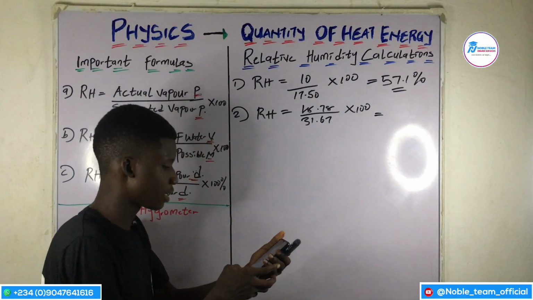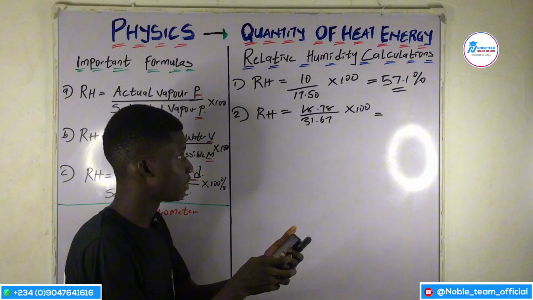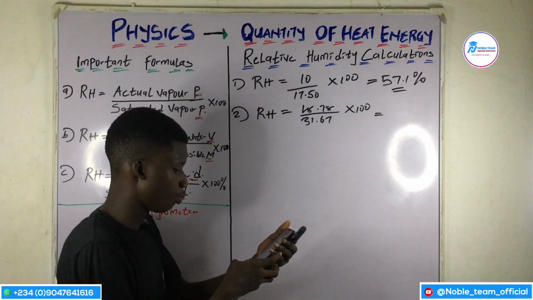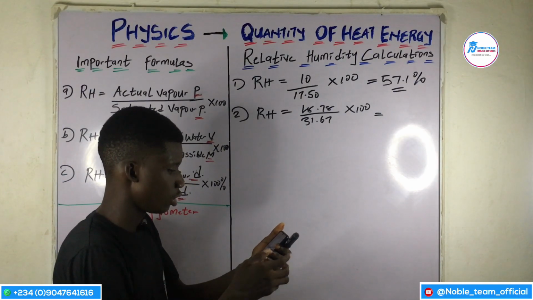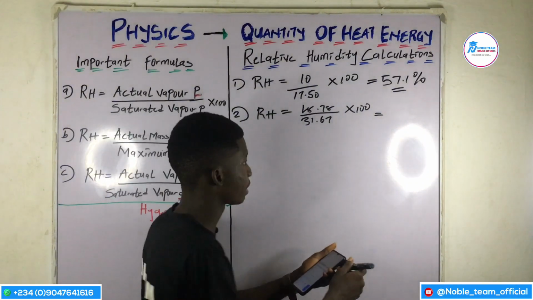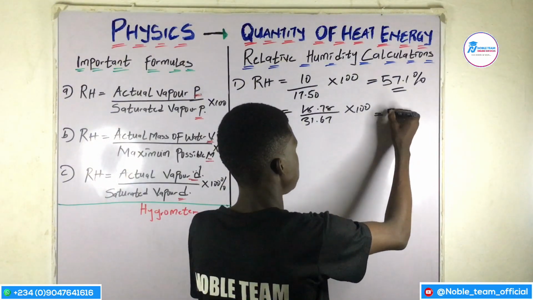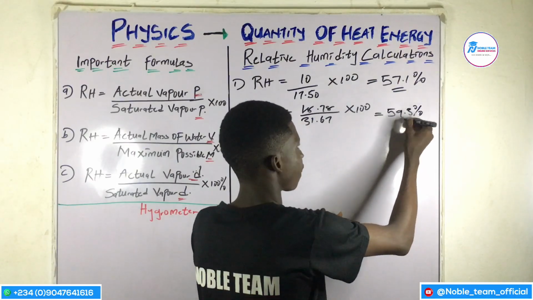All right, so let's do 18.78 divided by 31.67 times 100. So you have it to be 59.3%. And this is your final answer.